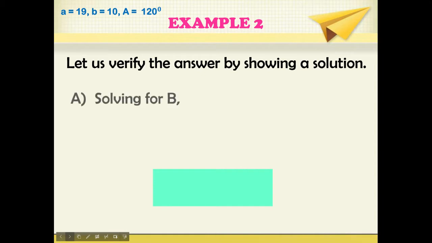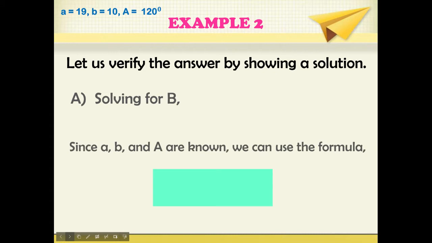So solving for angle B, since sides A and B as well as angle A are known, we can use the formula sine B over B equals sine A over A. Note that we can use this proportion because the only unknown in this formula is angle B. All the rest are given.